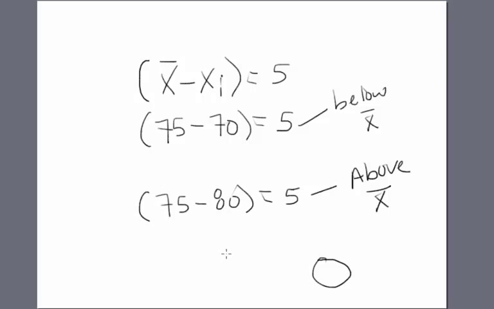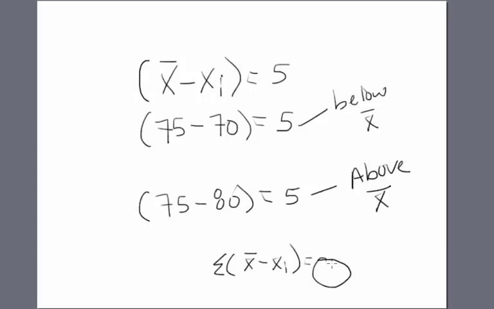So if you were to sum the quantity, the sample mean minus x sub i, you would get 0, because some of the scores are below the mean, some of the scores are above the mean.